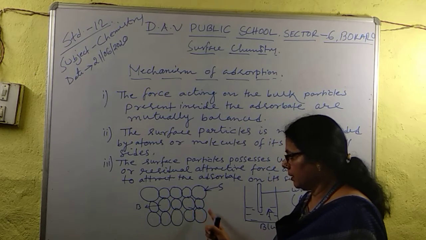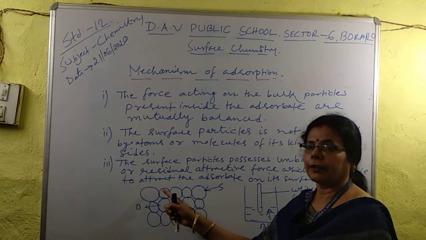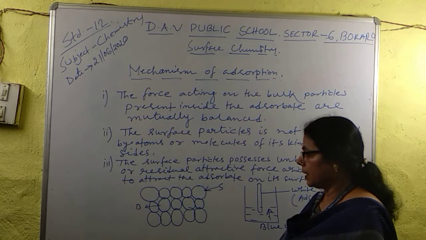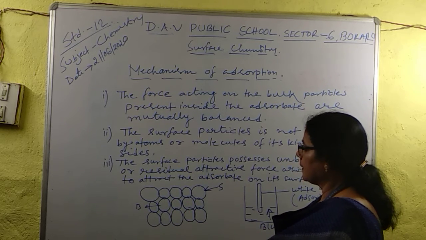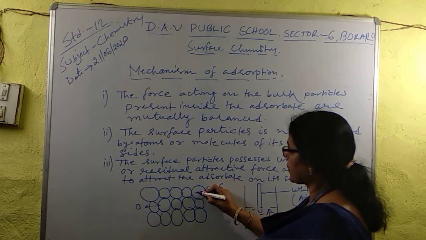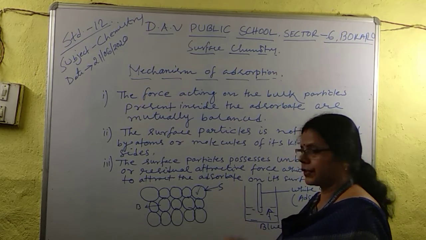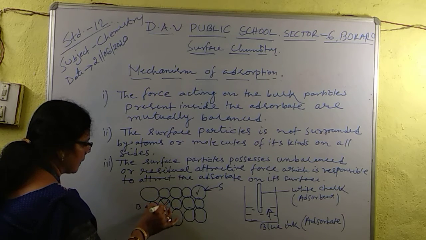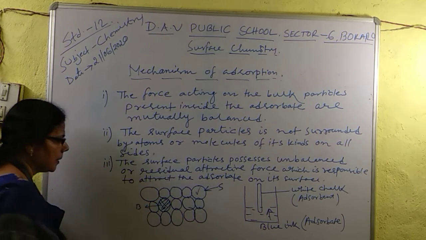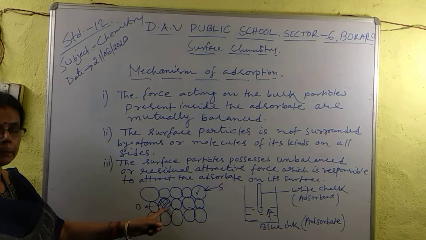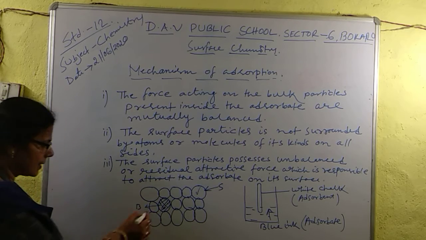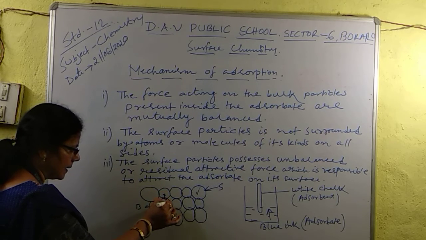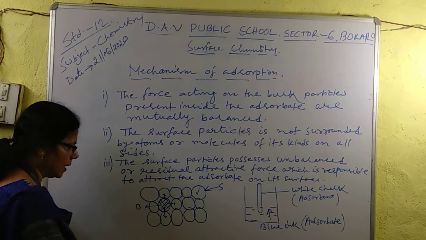I have drawn here different particles present. This is a particle at the surface, S for surface, and this is a particle in the bulk, B. It is surrounded by particles above, on this side, and in the downward direction.